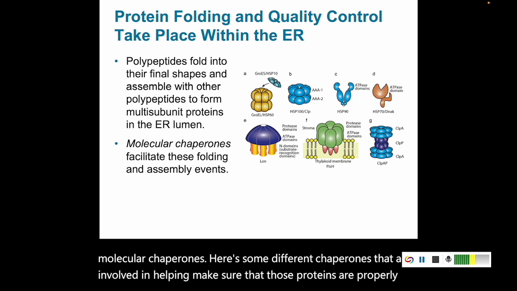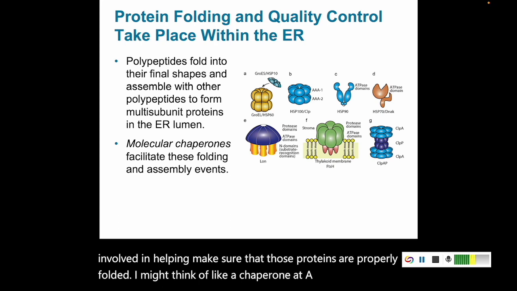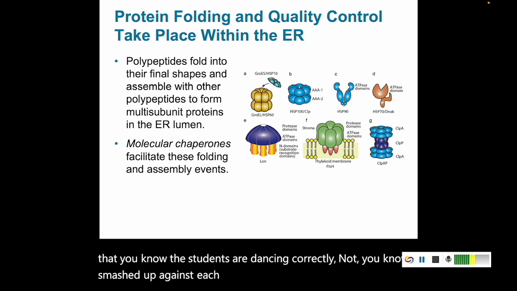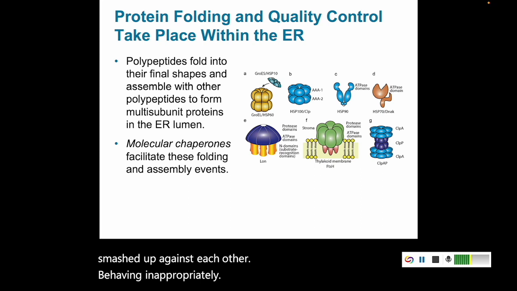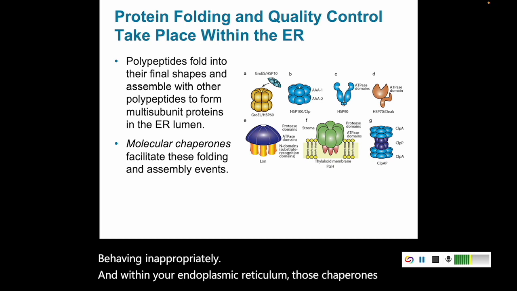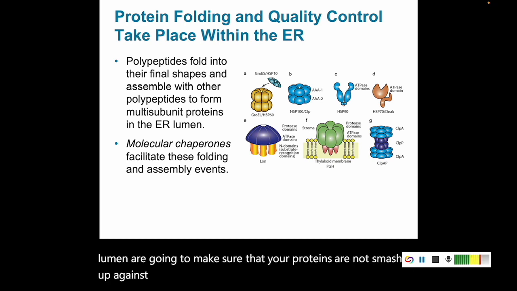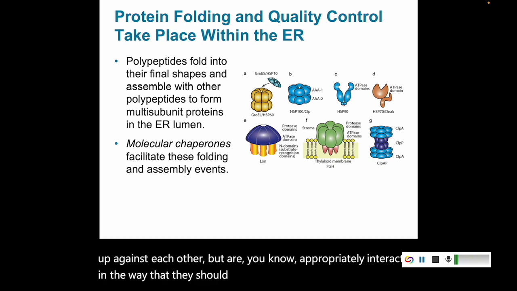I think of it like a chaperone at a dance, making sure that the students are dancing correctly, not smashed up against each other, behaving inappropriately. And within your endoplasmic reticulum, those chaperones in that lumen are going to make sure that your proteins are not smashed up against each other, but are appropriately interacting in the way that they should be.